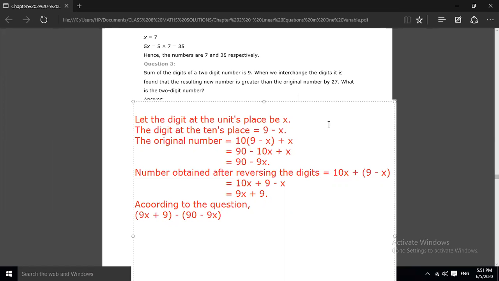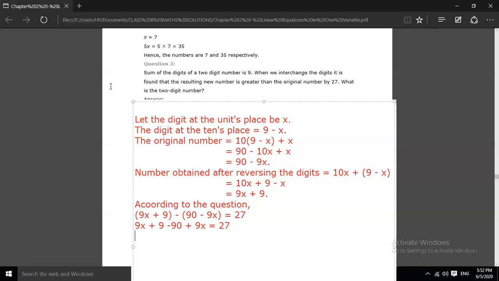According to the question, the difference is 27. The new number is greater than the original number by 27. So 9x plus 9 minus (90 minus 9x), and minus minus becomes plus, so plus 9x, is equal to 27.